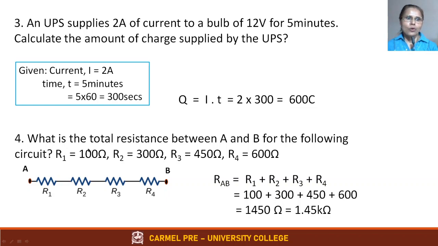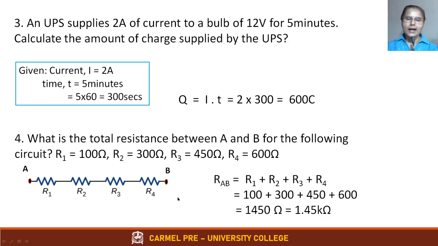Next, what is the total resistance between A and B for the following circuit? 4 resistors, how are they connected? They are connected in series. So what are the values of the resistance? First one is 100 ohm, second is 300, 450 ohm, 600 ohm. What should we do when they are all connected in series to find the total resistance?